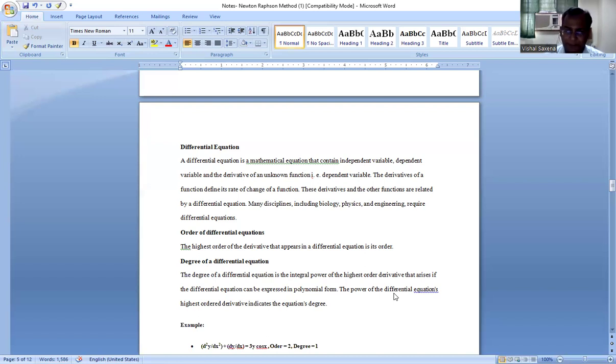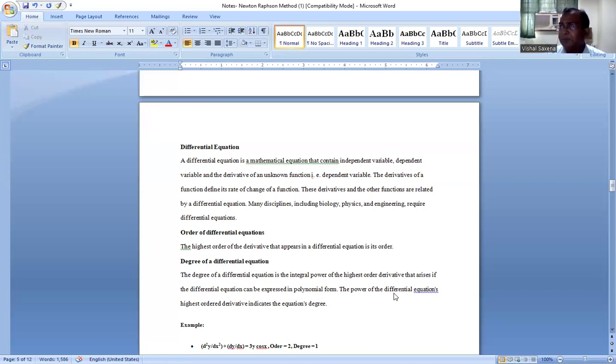We first have to see the order term of the differential equation, and after that the degree is the exponent of that term. The power of the highest order derivative indicates the equation's degree.